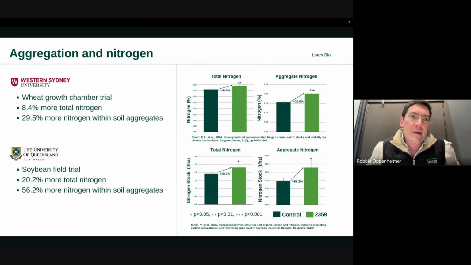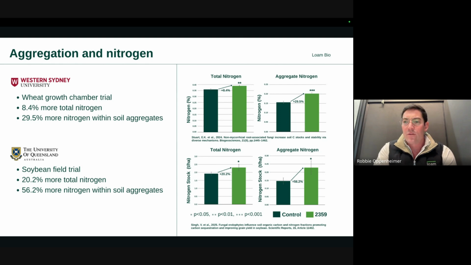Some of the work that's been done from our academic collaborators has also looked at nitrogen. The University of Western Sydney ran a study where they played with 12 fungal isolates from Loam's library and looked at the effects on carbon, nitrogen, and plant growth.